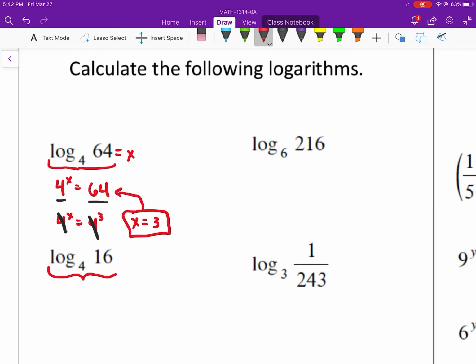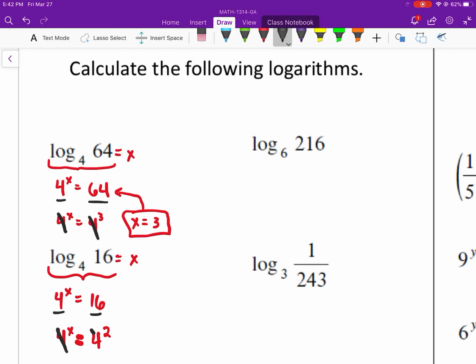All right, let's go down here to this next one. Okay. Now, again, that's an expression, so I need to set this equal to x. All right, base of 4. 4 to the x power equals 16. Again, I need to have a common base. So 4 to the what power is 16? That would be 4 squared.